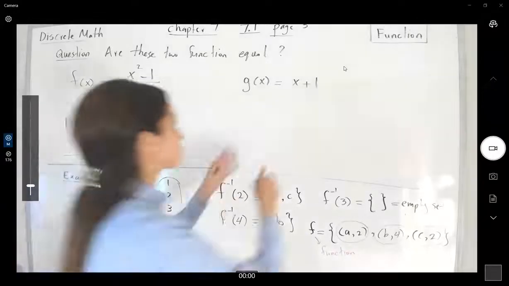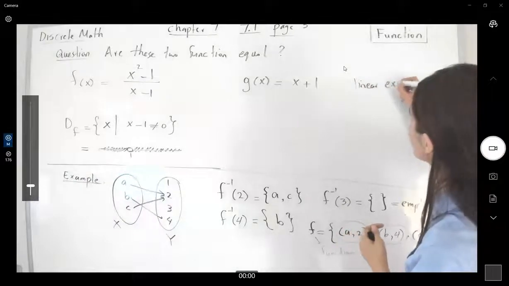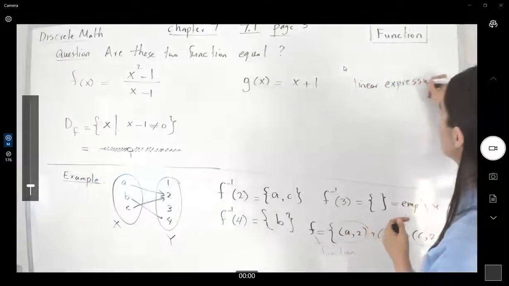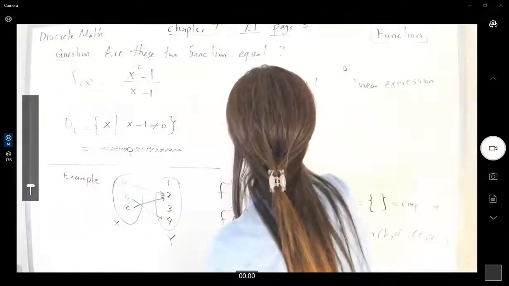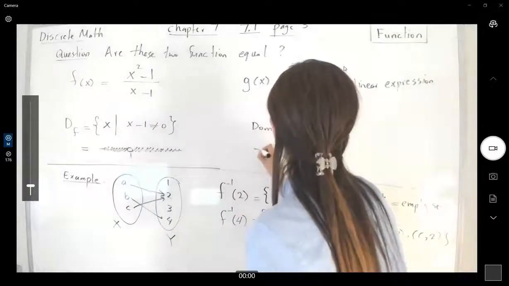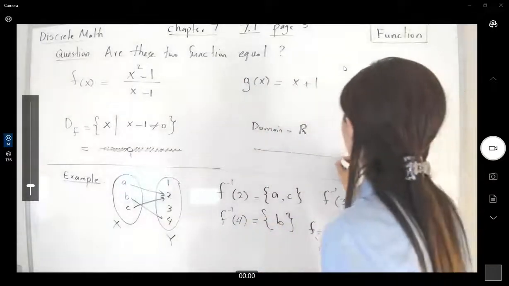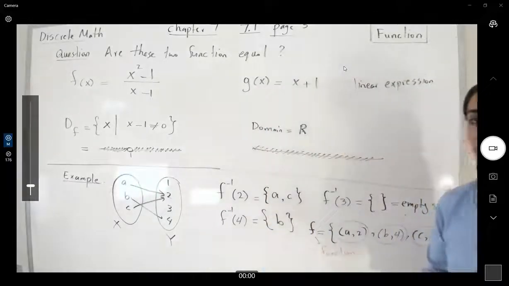But this time, here you have a linear expression. Linear expression, nice function. When you have a nice function, the domain is R. Everything is acceptable. If you want to visualize this, you just shade the real line from negative infinity to positive infinity.